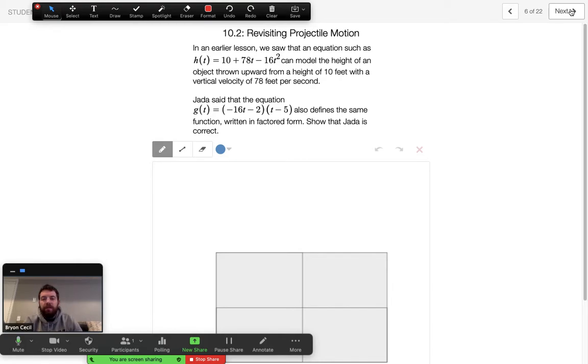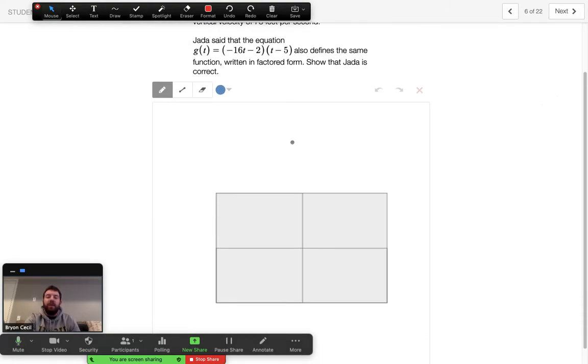We see here that an equation such as 10 plus 78t minus 16t squared can model the height of an object thrown upward from a height of 10 and a vertical velocity of 78 feet per second. Jada said the expression negative 16t minus 2 times t minus 5 also defines the same function written in factored form. Show that Jada is correct. So what we can do, guys, is test Jada and see if she's right.